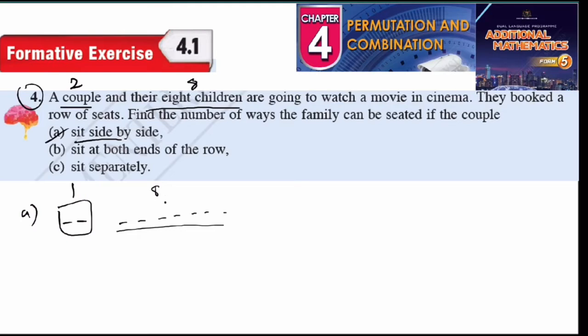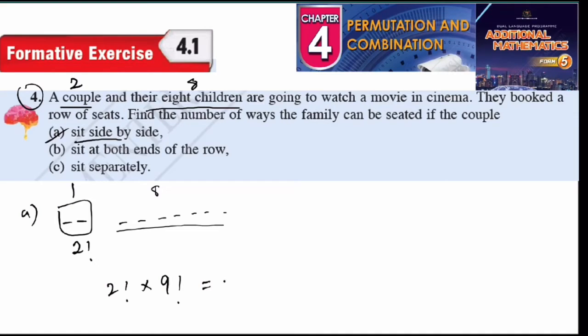There are 2 ways. After we arrange them together, we consider father and mother as one object. Now all the 8 children are going to be arranged with the couple, so that we can see how many ways the couple is always together among the children for the seats.